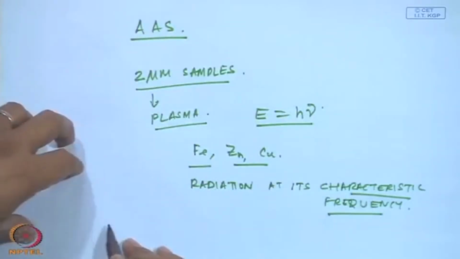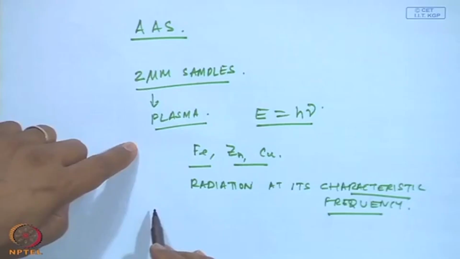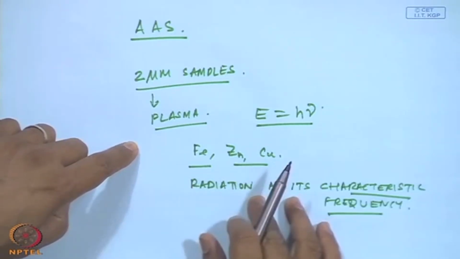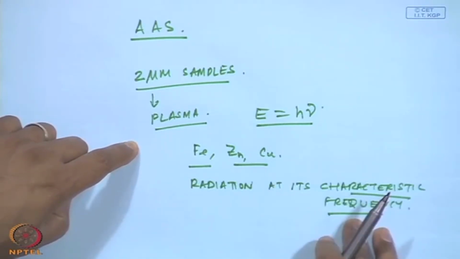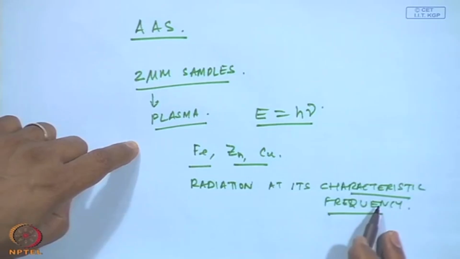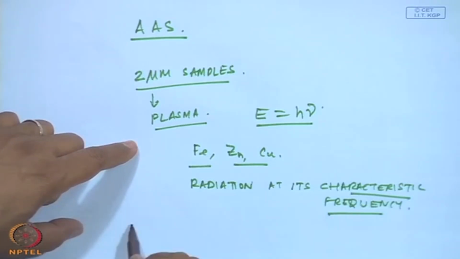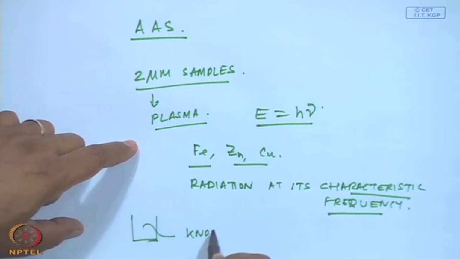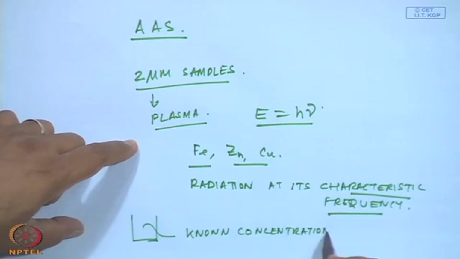So, basically I have a sample which is heated and then radiations will be there. I will have another source, a known concentration, say some x ppm, for which I know the amount of light intensity.